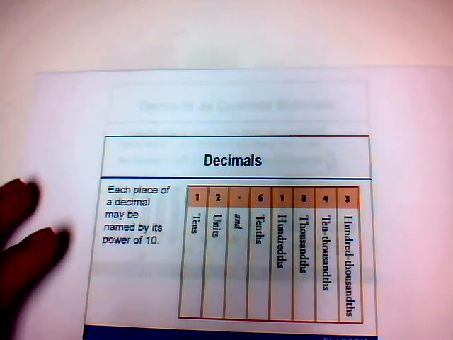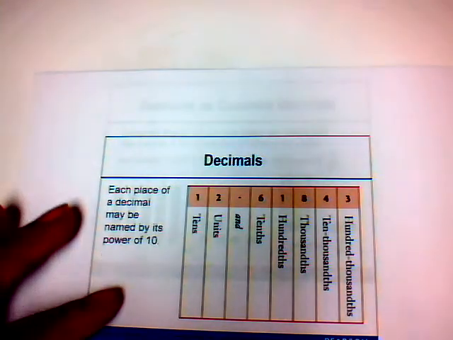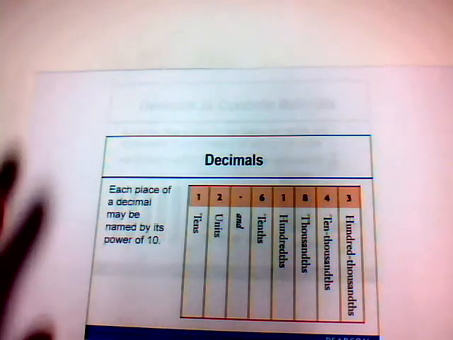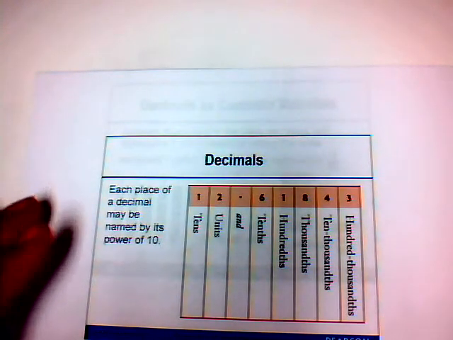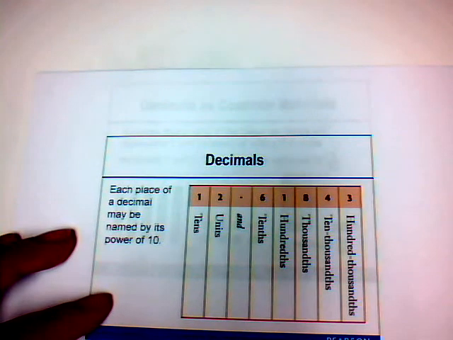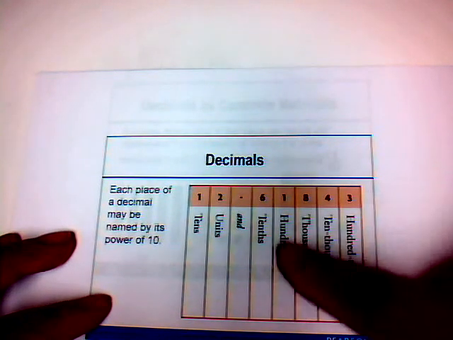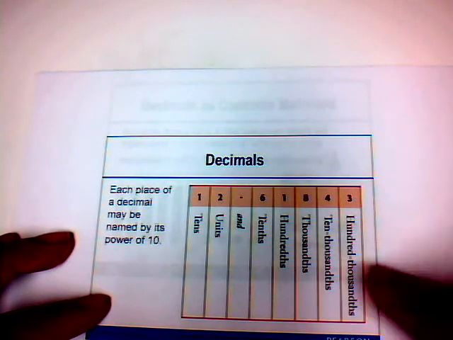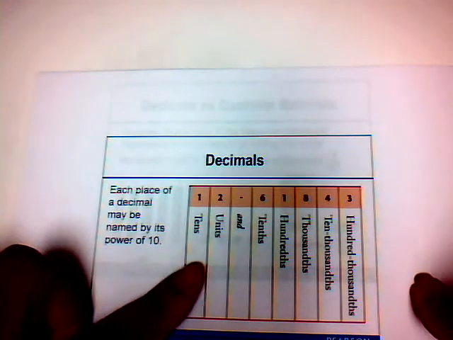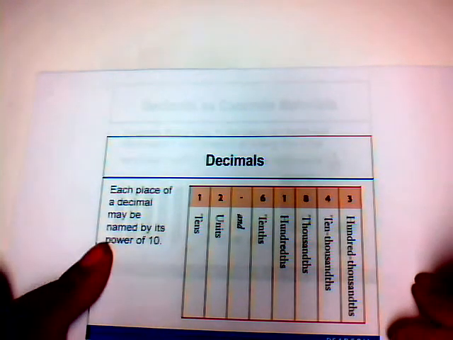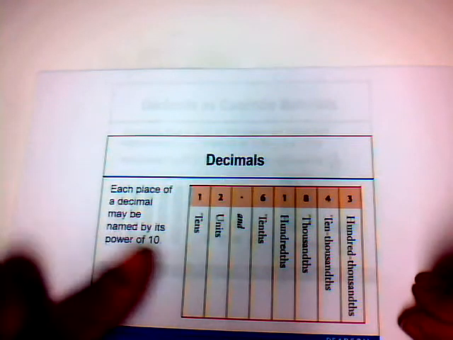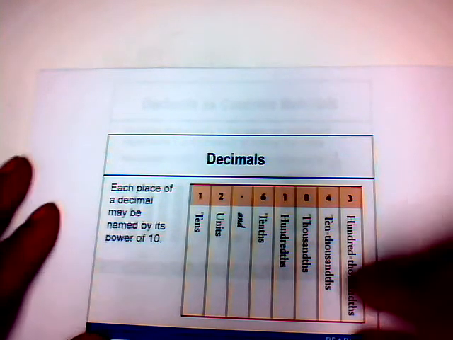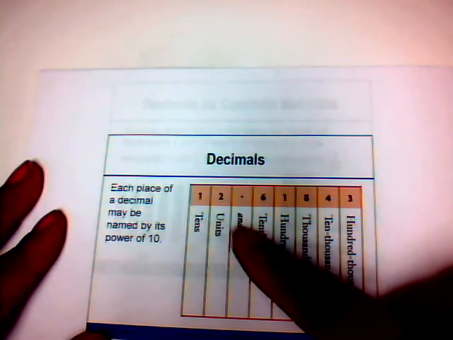And this is what the place value chart looks like. Each place of a decimal may be named by its power of 10. Now this place value goes on and on and on to the right, just like the place value on the left of the decimal point goes on to the left. And the decimal point represents the word and.